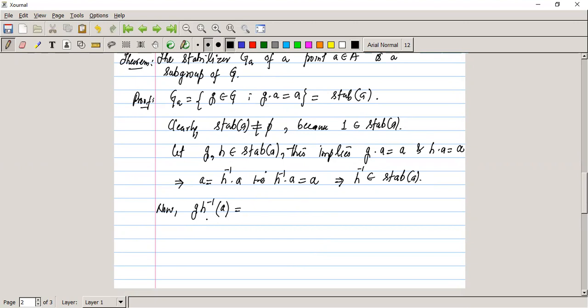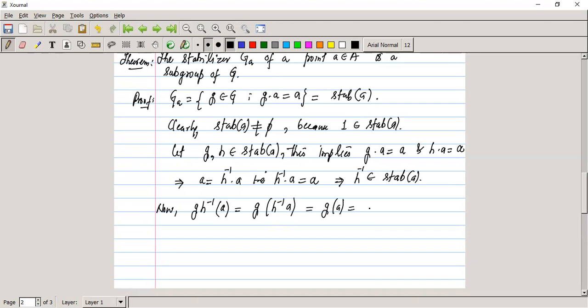Now by the definition of the group action, since this is defined as a group action, this by definition is g(h⁻¹·a). This is by the first axiom of the group action. So this is equal to g·(h⁻¹·a). Now since h⁻¹·a is equal to a, this is equal to g·a.